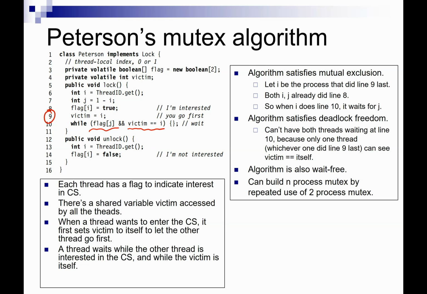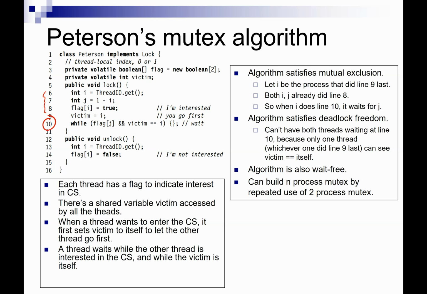Next we need to make sure that we have a deadlock-free algorithm. The only way you can have deadlock is if both processes are waiting, and the only place where you wait is line 10. So we just need to check that you cannot have both processes waiting at line 10. None of the other lines involve any sort of while loop. You do an instruction and then you're done with it.